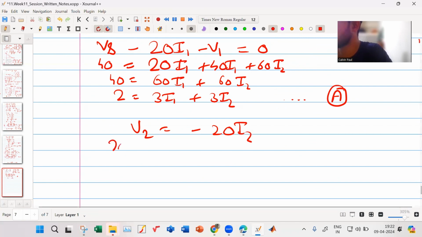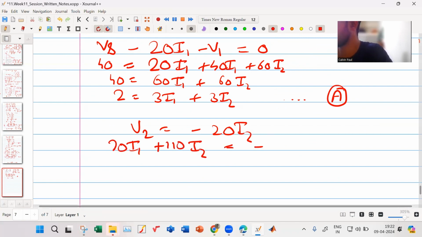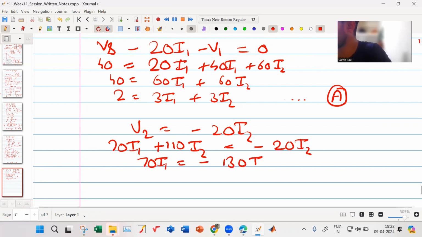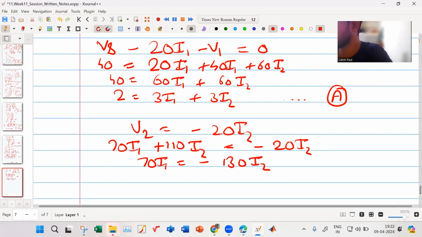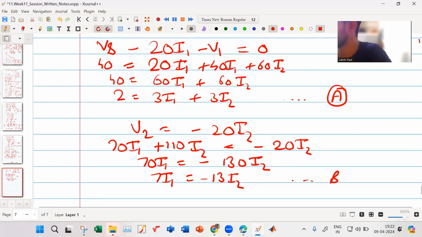And V2 is also equal to 70 I1 plus 110 I2, so that is equal to minus 20 I2. So you get 70 I1 is equal to minus 130 I2. So I get 7 I1 is equal to minus 13 I2. This is equation B.